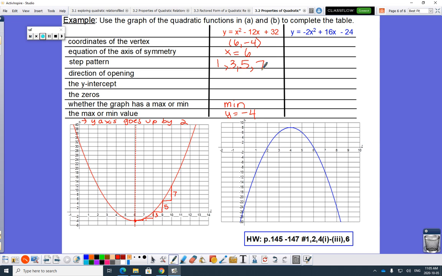Direction of opening, you can see, or you could look at the equation. The x squared value is positive. Same thing with the y-intercept. You can look, or you can look at the equation. And the zeros, for sure, you'll have to look at the graph.